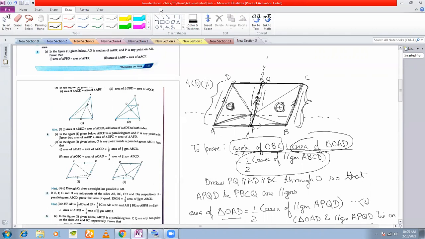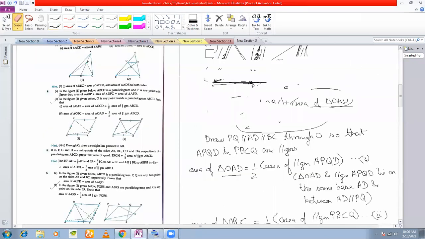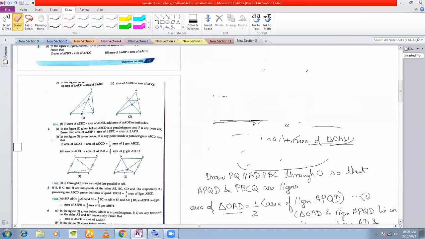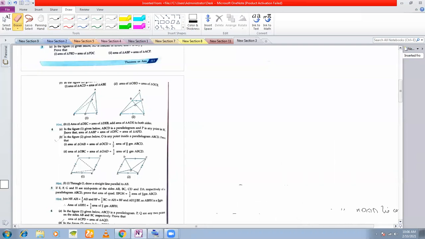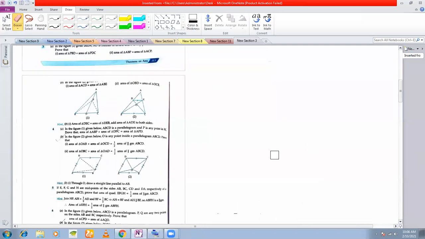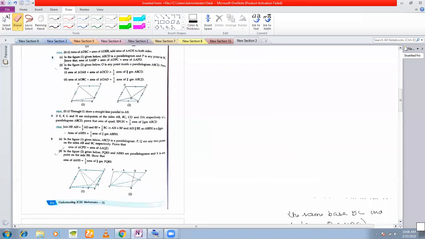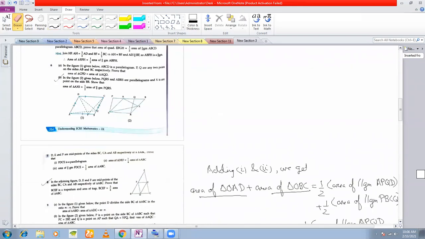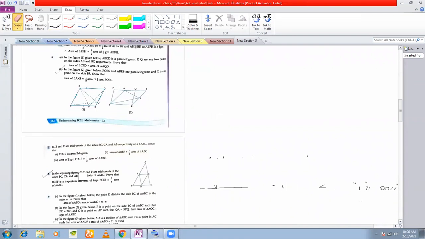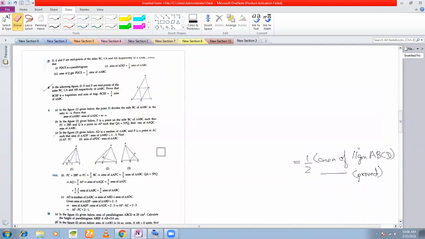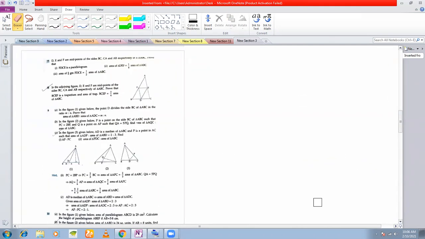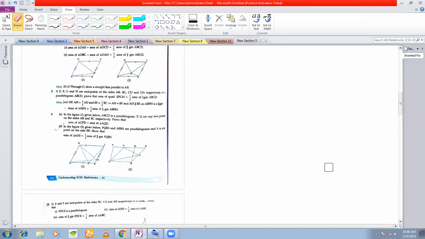The next problem that we are going to do here is 6A. Let's draw the figure for 6a.